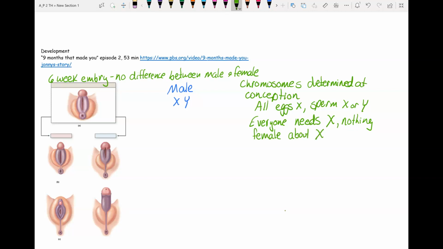Okay, but the Y is the distinguishing one. Only men have a Y. So there is something about a Y that causes maleness. The Y has genes for androgens. And if you remember, androgens just means male hormones.